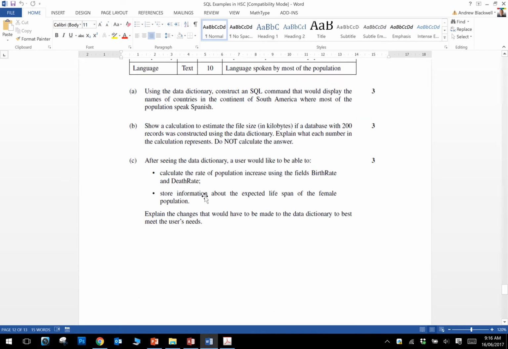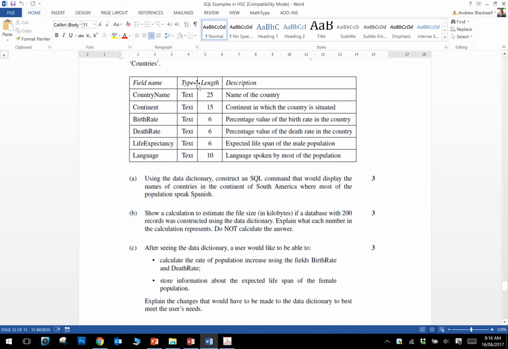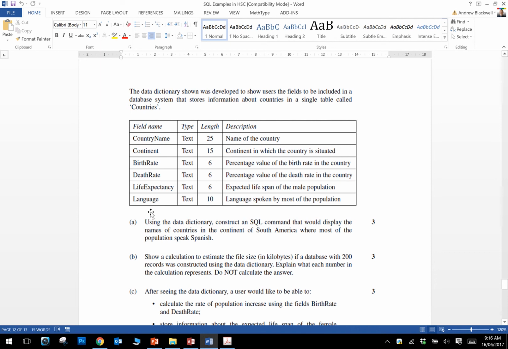But sometimes you get this, and it says, using a data dictionary. That is a data dictionary. We've done data dictionaries. It says construct an SQL command that would display the names of the countries in the continent of South America where most of the population speaks Spanish. What you would have to do is say select. Now, this table is called countries. You would have to select the field names that would satisfy this.